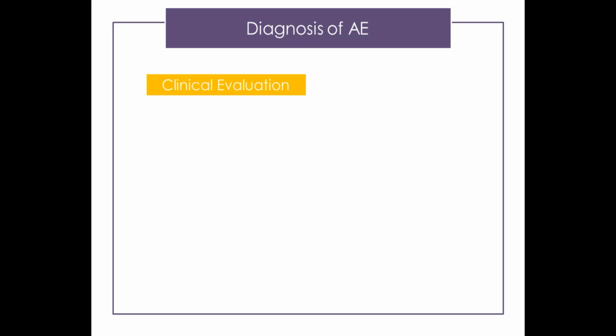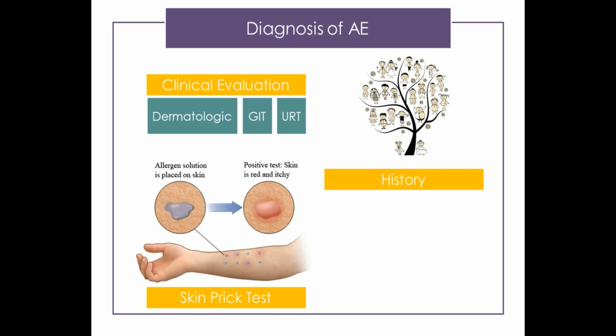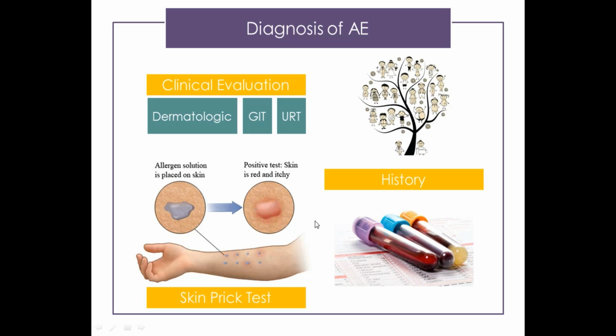So, how to diagnose angioedema? There must be clinical evaluation, dermatologic evaluation. Also, we need to check the GIT and also the upper respiratory tract. We need to take the history, of course, and we will need to do a skin prick test to know the causative allergen. When we put the allergen on the skin, the positive test will be that the skin is red and itchy, as what we said here.